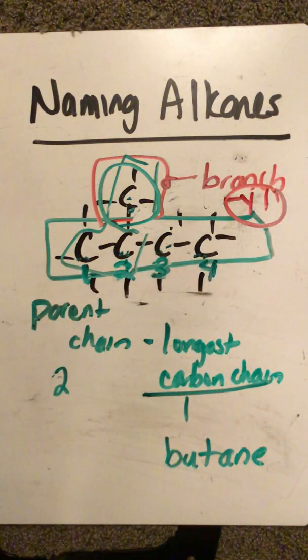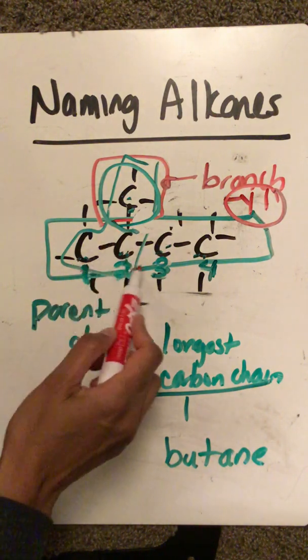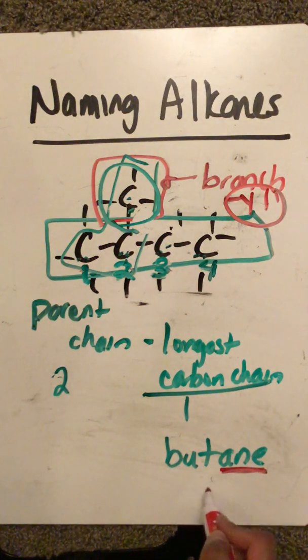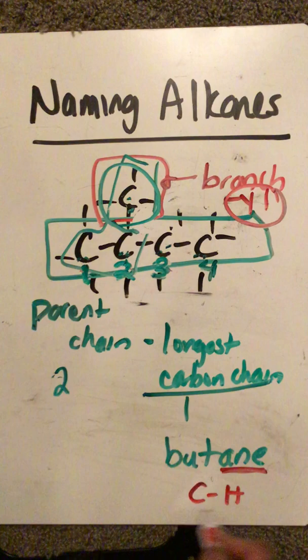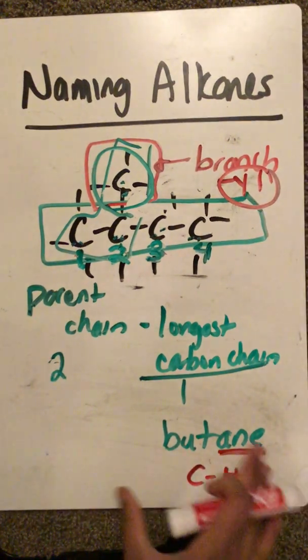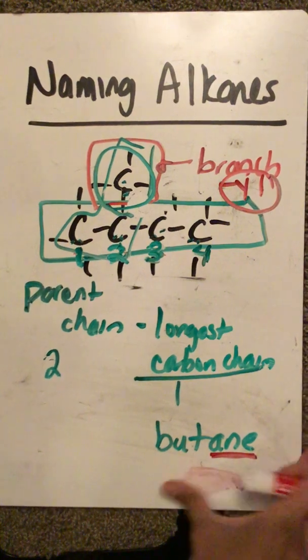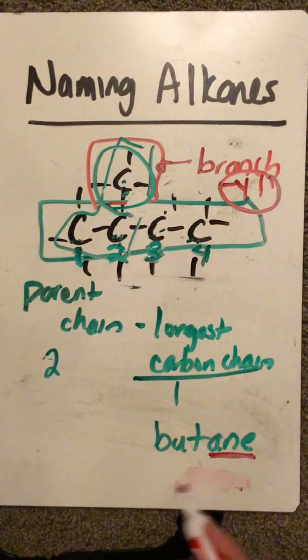Okay, so the parent chain, which is the 1, 2, 3, 4, is butane, and the parent chain is ending in the ane, right? That just tells you that's carbon and hydrogen, single bonds. That's what butane means. And then the branch has to end in yl. So what would this be?